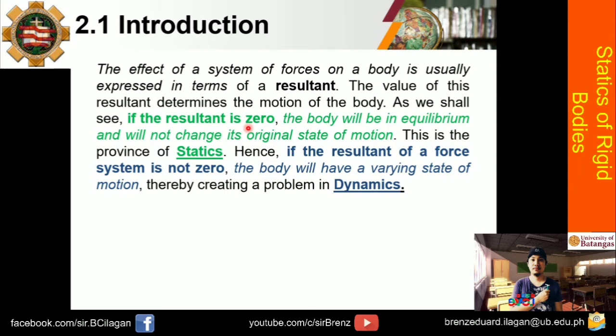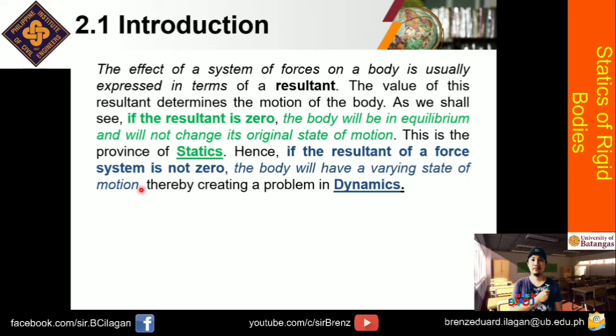But then again, since the book is all about engineering mechanics, we will also find the resultant which has a value. So if the resultant of a force system is not 0, then the body will have a varying state of motion, thereby creating a problem in dynamics. So again, if the resultant has a value of 0, that is considered in statics.